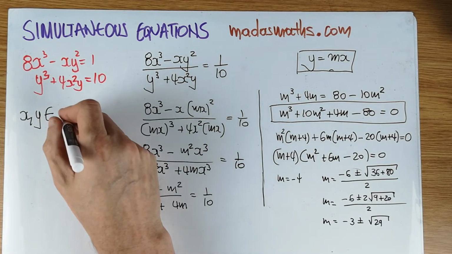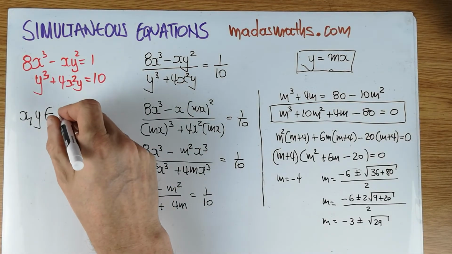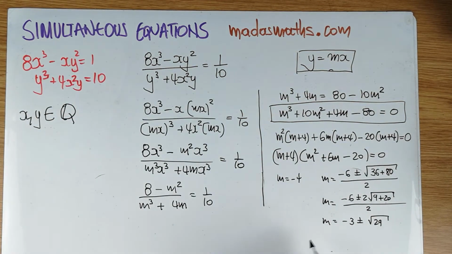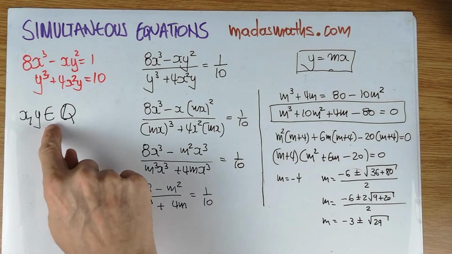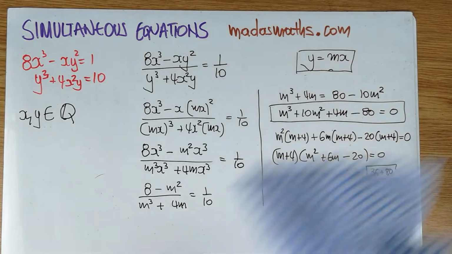X and Y belong either to the integers, if they turn out to be integers, or probably to the rational numbers, because this will not produce rationals, and therefore with a restriction like that, only this one will be the valid solution. At the moment I don't know, because I copied the question down, and I don't know where in my book this question is coming from. I would have put a restriction. I probably wouldn't have liked this mess.